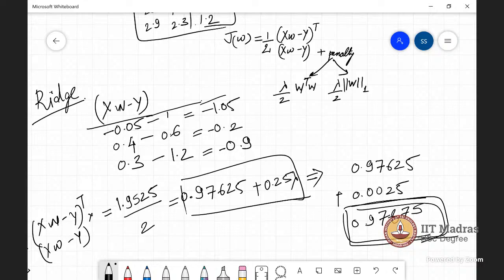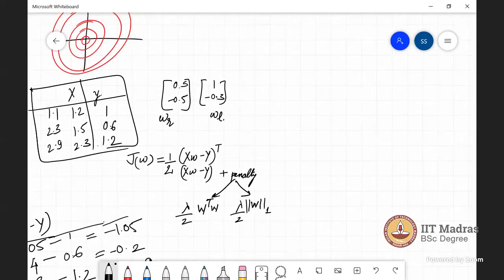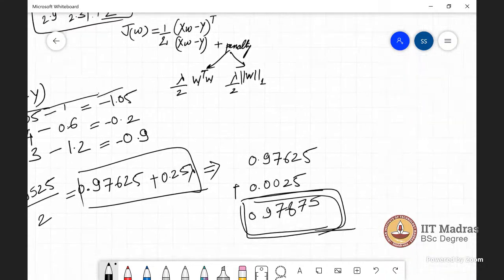Now we have to solve it for lasso also. Okay, same method we are going to do. So 1 minus 0.3. Okay, this one is going to be a bit trickier. So the first norm will be 0, right? Of which one? Oh, this is another weight vector. Sorry.